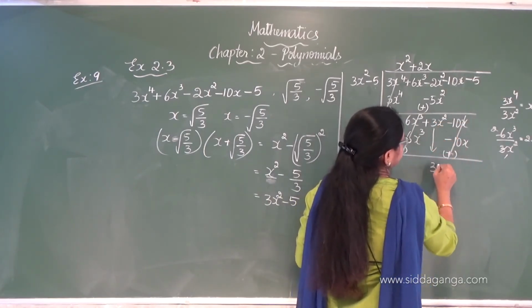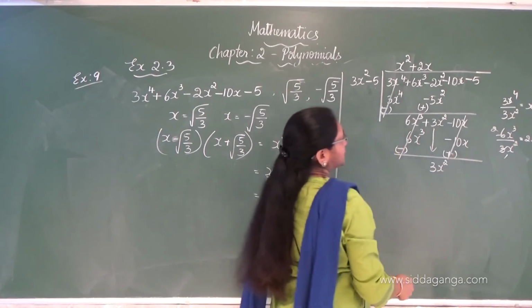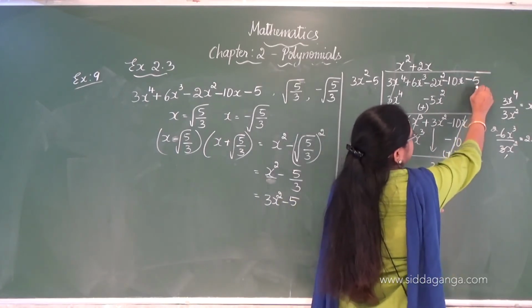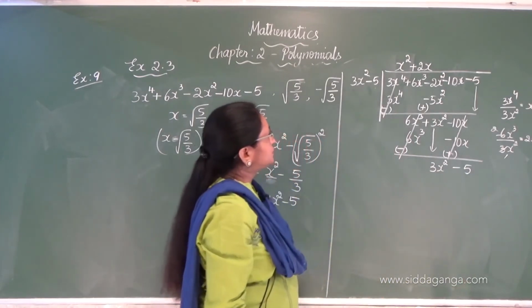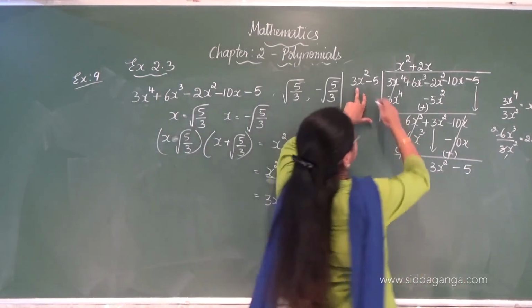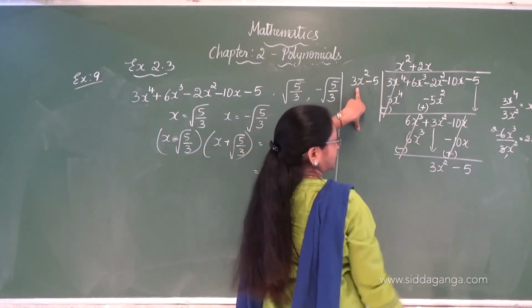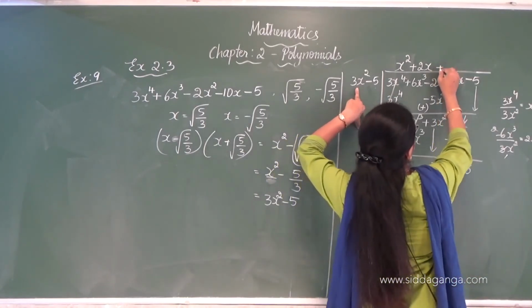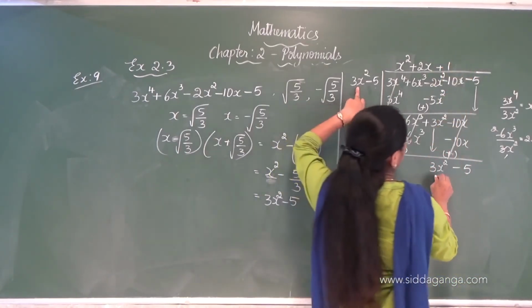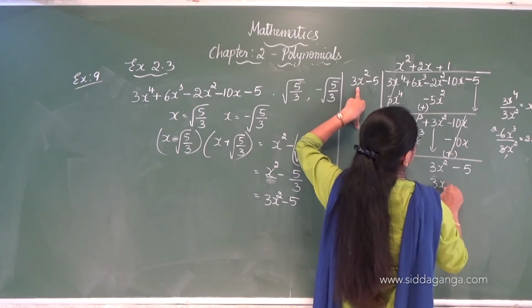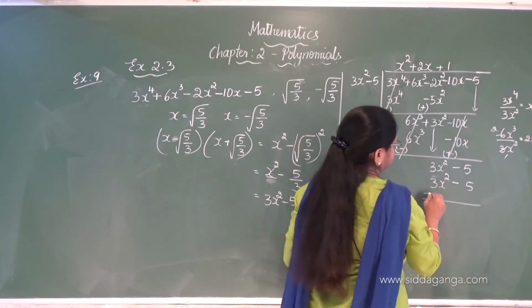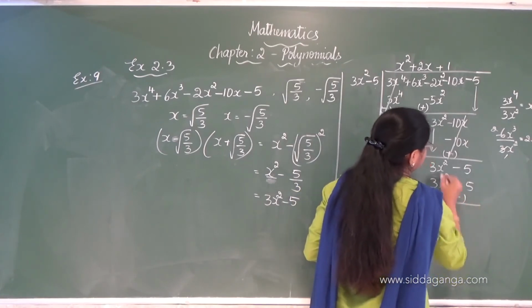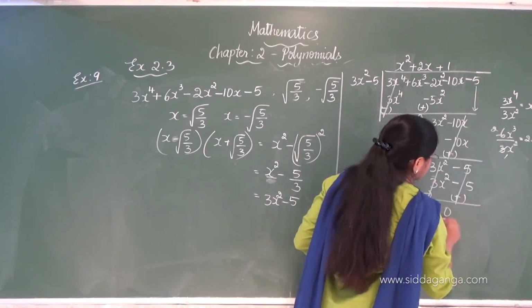Here 3x². Now the last term, that is minus 5. Now see here, 3x² minus 5 and 3x² minus 5, definitely it is plus 1. Change the sign, and you get 0.